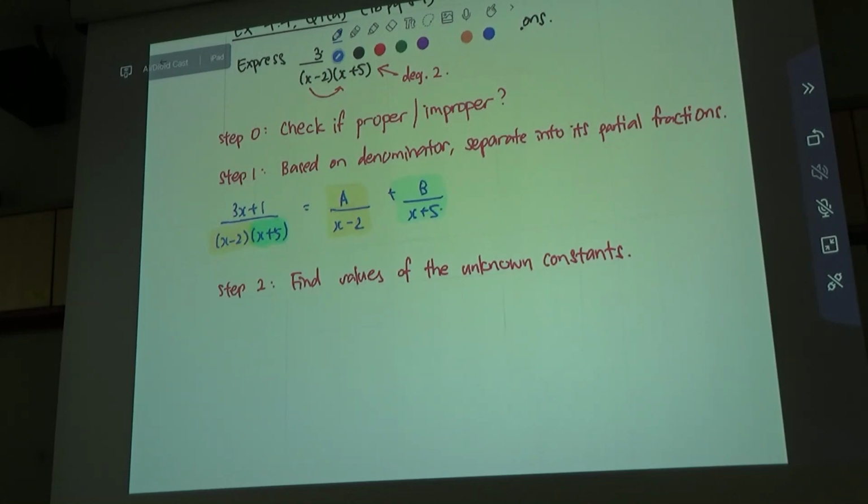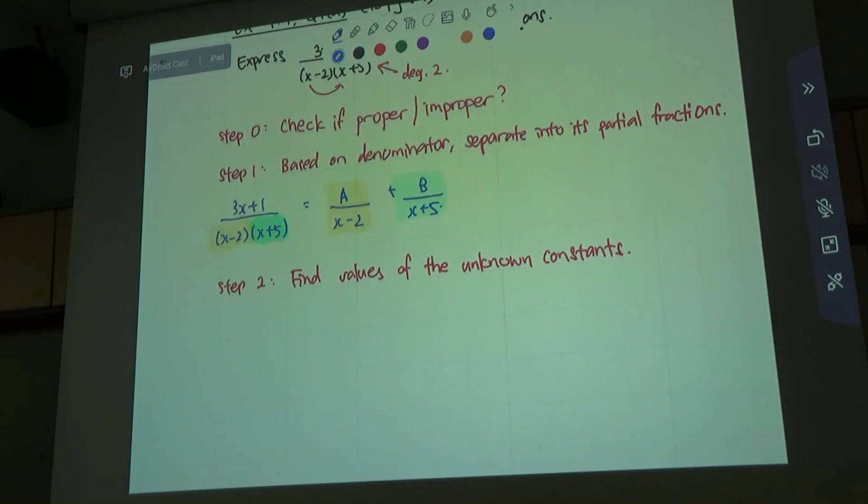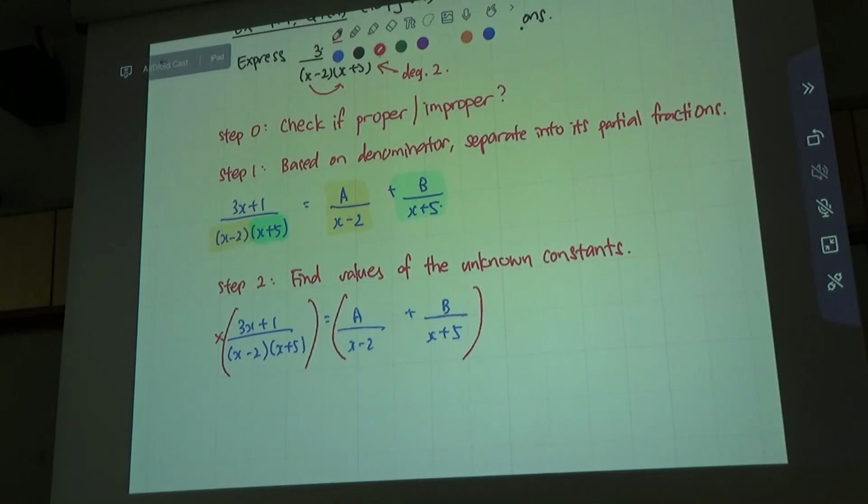First thing, can I get an agreement that, if I'm just rewriting what I just wrote, if I were to multiply both sides by x minus 2 and x plus 5, which is the denominator of this original fraction? Multiply both sides, because I need to balance the equation, right?